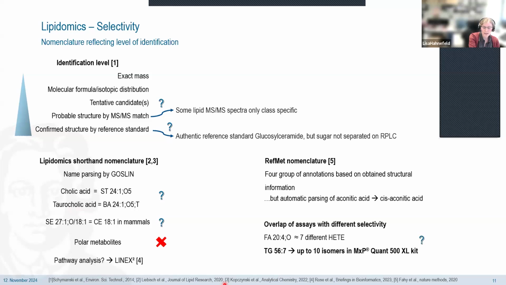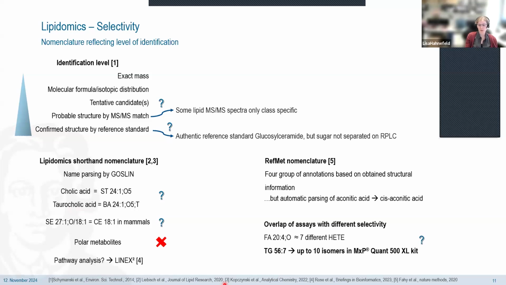And last but not least, a problem I think will be really important for you if you're using the Biocrates kits, or in general, is the overlap of data sets with different selectivity. In our lab, for example, we might analyze an oxidized arachidonic acid in the lipid screening, but we have 7 different HETEs resolved in a lipid mediator assay.